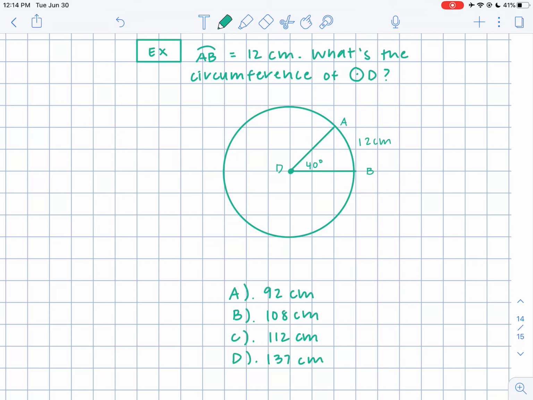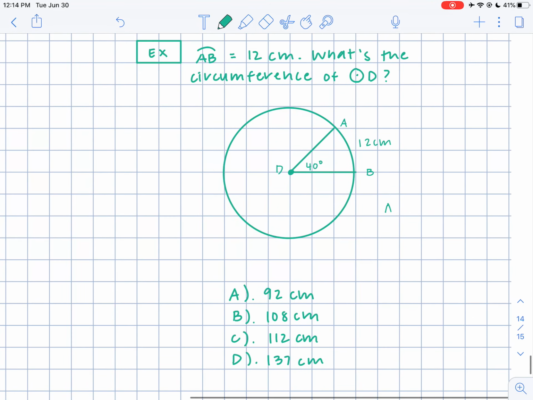They're giving us the arc length. So we're going to go backwards, sort of, right? So remember, arc length equals. Now I know I keep saying it's the fraction, but remember, we just keep taking the angle of the arc, the degree of the arc, divided by 360 times the circumference.